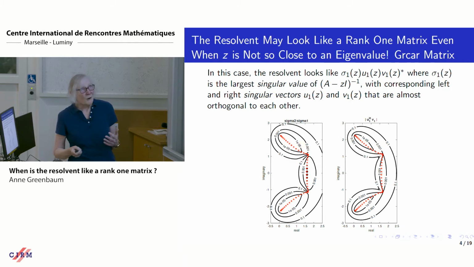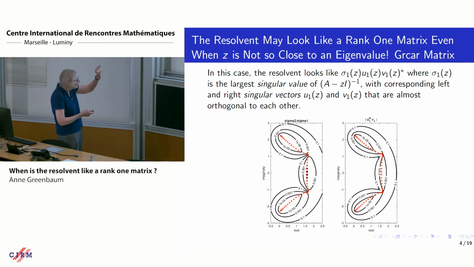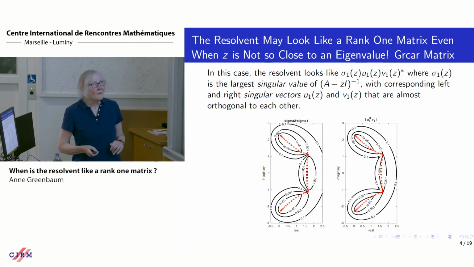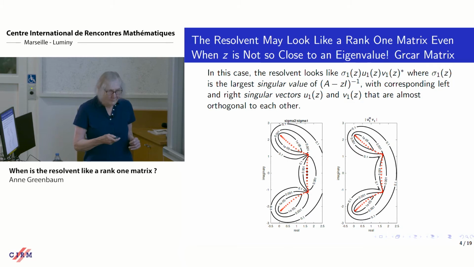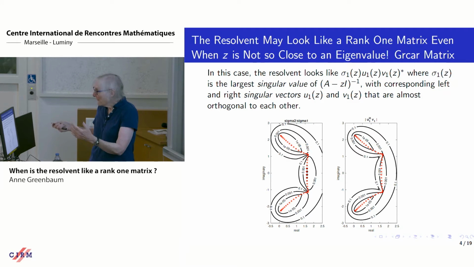Now, that's not at all what I would have guessed. I would have guessed that maybe it would be less than or equal to 10 to the minus 3 on some disks of radius 10 to the minus 3 about the eigenvalues. But this is a much larger region than that, where the resolvent really is very close to a rank 1 matrix.